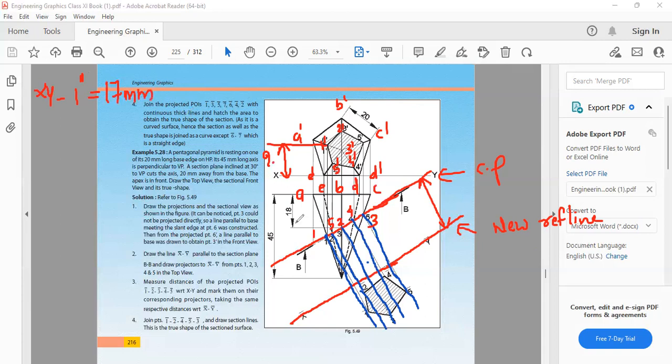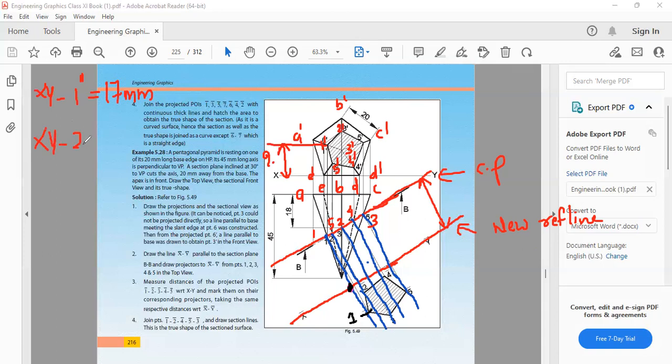So take 17 mm in the compass. Center is my new reference line, cut here. So this point is 1.